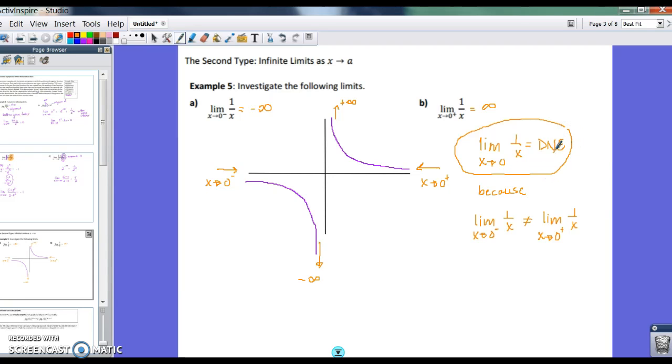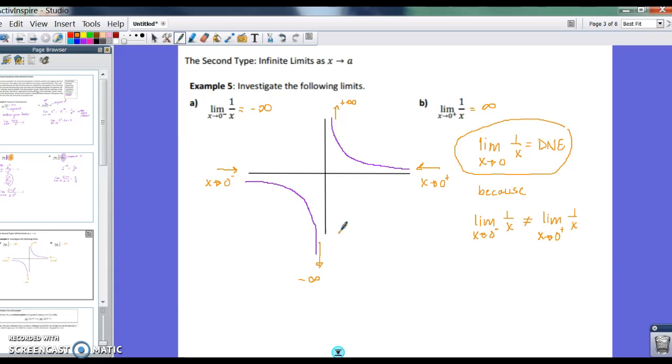And that's when you end up with a vertical asymptote. So here's the idea. At a vertical asymptote, the limit from the left and the limit from the right are either both going to approach positive infinity, or they're both going to approach negative infinity, or one is going to approach positive and one is going to approach negative.